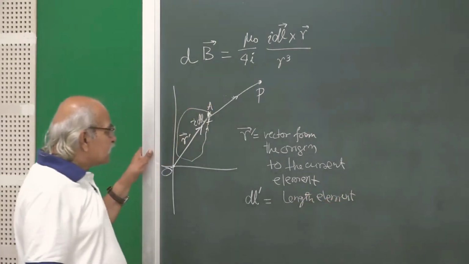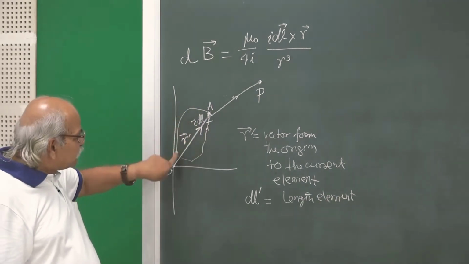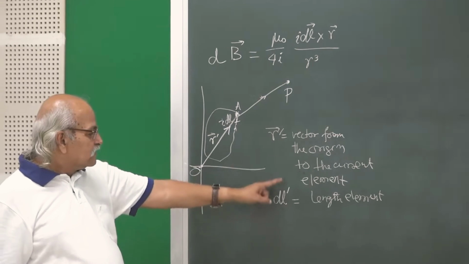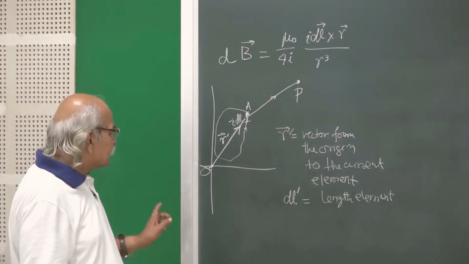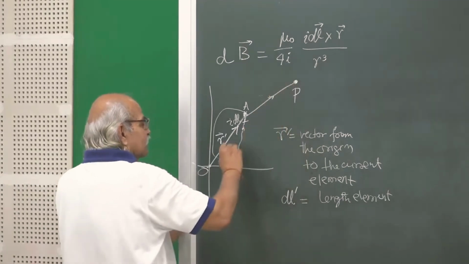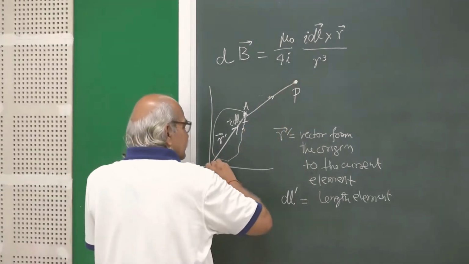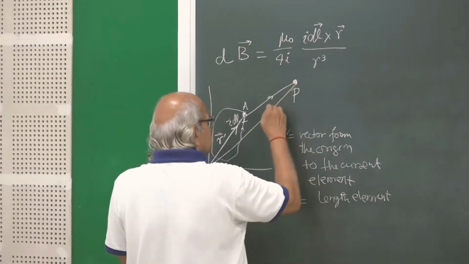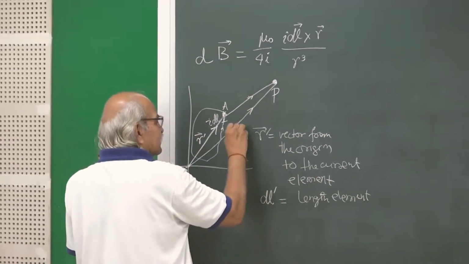So, anything related to the current distribution, we are using this prime here, r prime, dl prime, and so on. And then the point where I need the magnetic field is denoted by vector r.